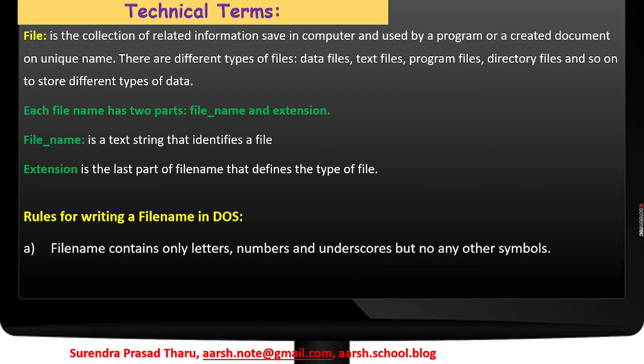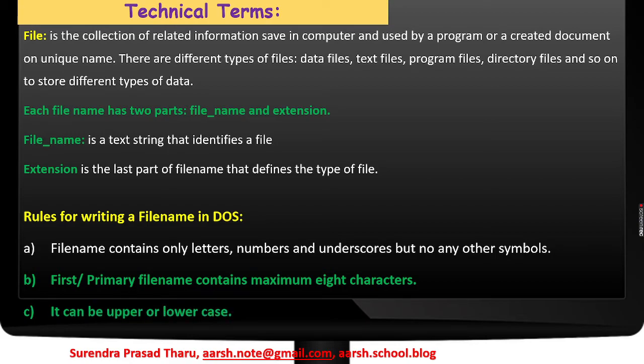In DOS, a file name contains only letters, numbers and underscores, but no other symbols, and the first name contains a maximum of 8 characters. But nowadays in GUI it can contain up to 40 characters. It can be upper or lower case, no matter, but there should be no symbols at all. But nowadays in GUI these rules are different.